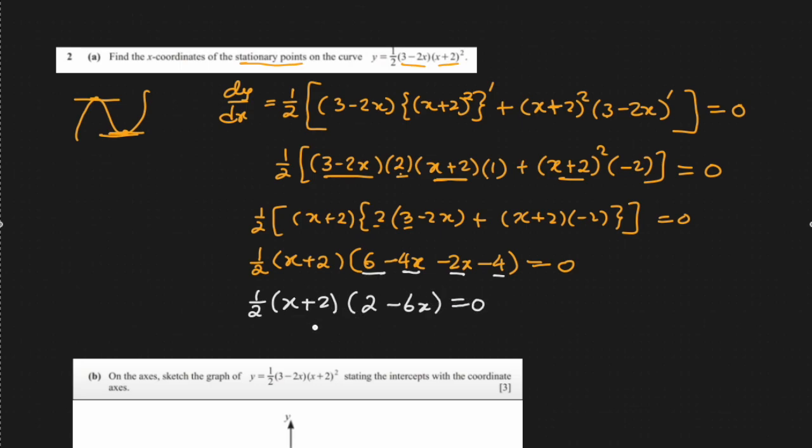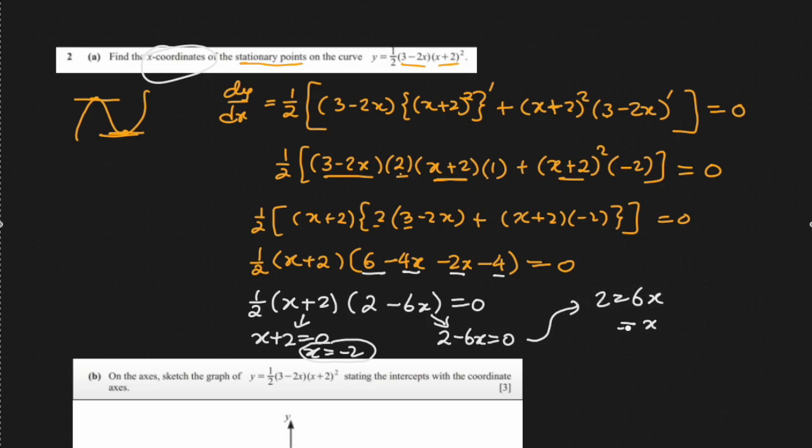Now two products are equal to 0, that means one of them is 0 or both of them are 0. So we'll take both of them as 0. So x plus 2 equal to 0 will give us x equal to minus 2. This is one of the x coordinates they are asking. Find the x coordinate, right? And this one will give me 2 minus 6x equal to 0, which becomes 2 equal to 6x.